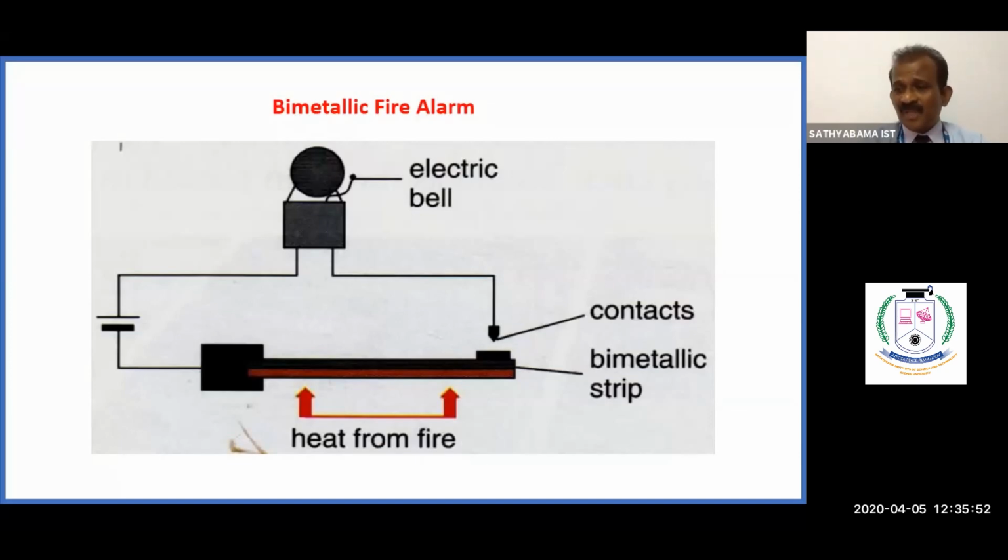Then, if there is any fire or any temperature increase in our room, this bimetallic strip will bend. During the bending, like a cantilever, it can contact the lead. At that time, current flows through the circuit so that we get the alarm from the electric bulb. So with the help of this, we can use the bimetallic strip.